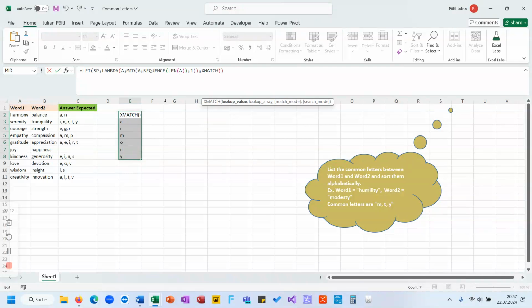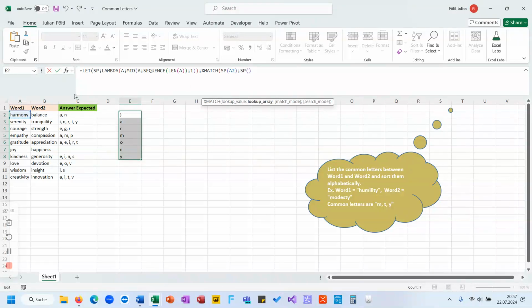So do an XMATCH from the letters of the first word, like O for 1. And then split also the letters of the other word. I don't do this currently.